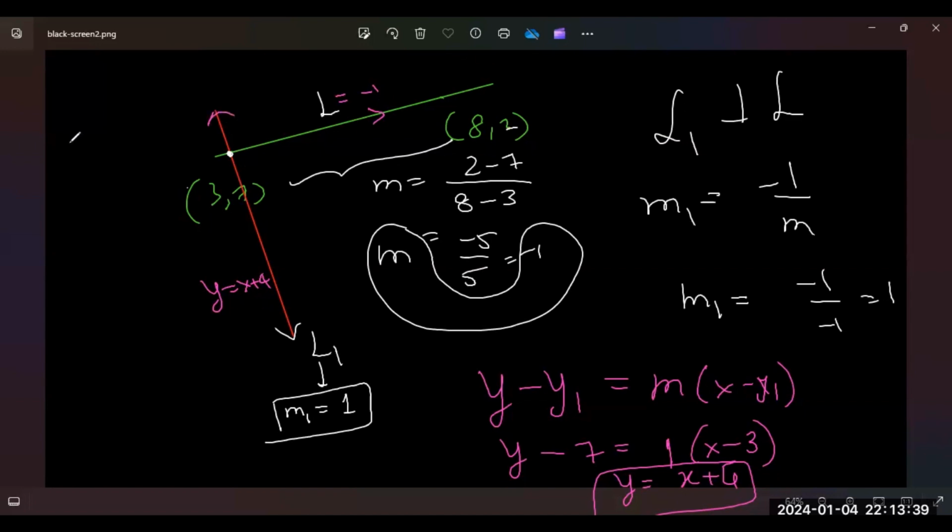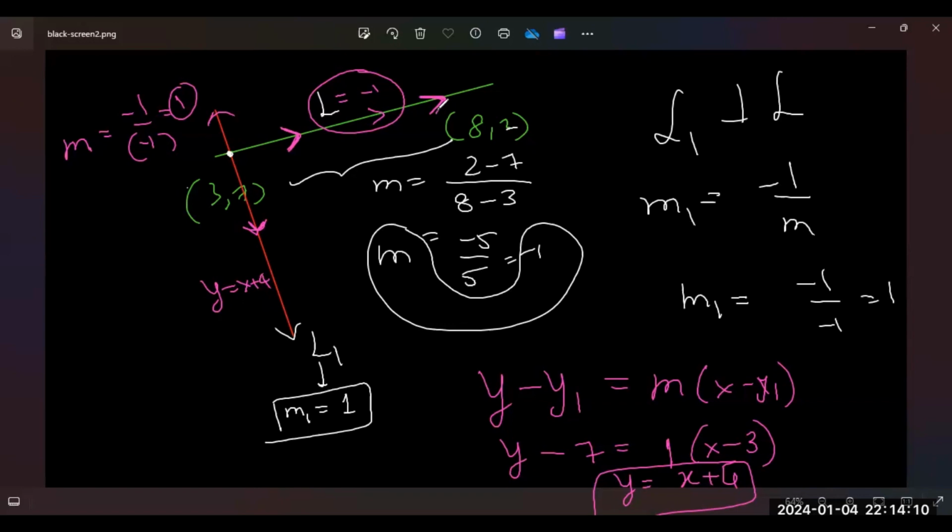So for a line perpendicular to it, the slope will be the negative reciprocal of the other slope. So this line's slope is the negative reciprocal of that, which will be -1 by -1, which will be 1. Okay, we are not finding the equation of this line. We are finding the equation of this line. I actually calculated for -1. So you would have calculated the equation for this line. Got it.